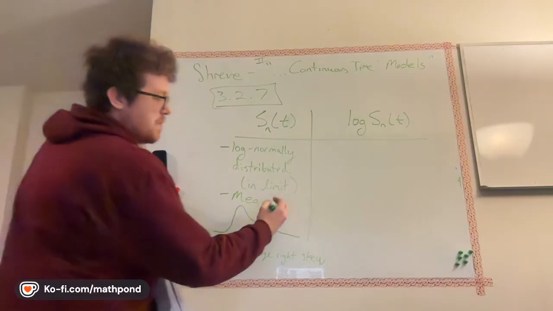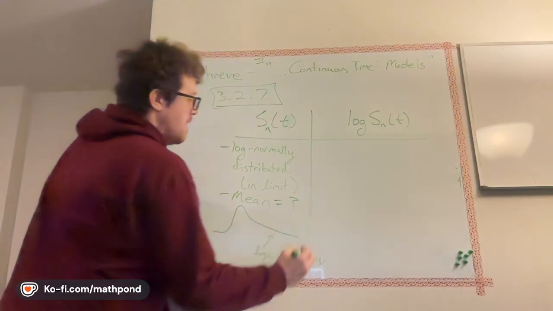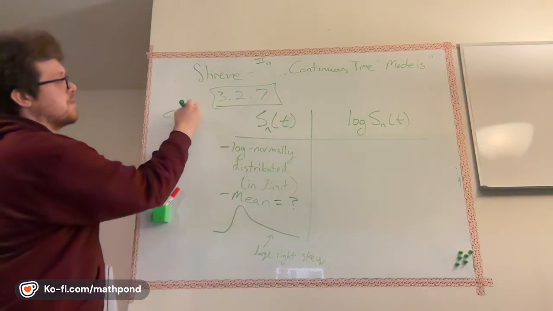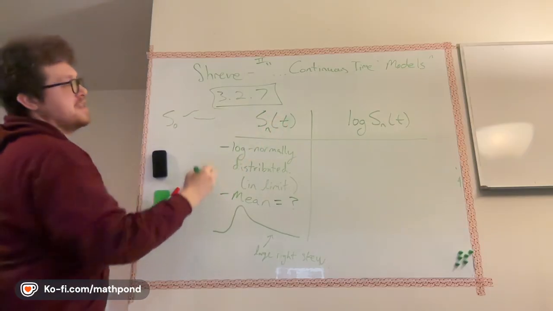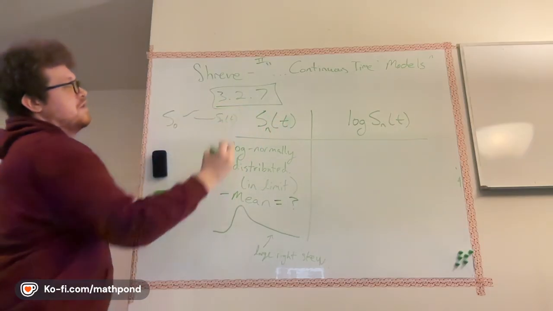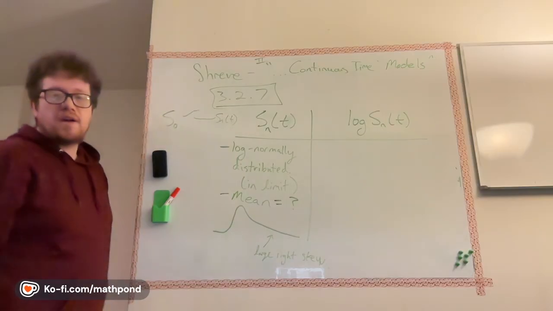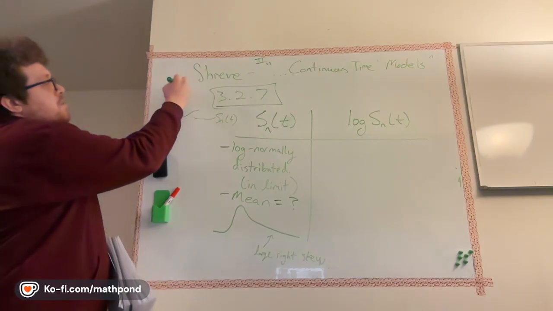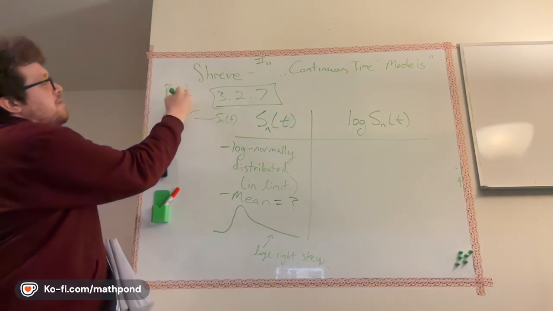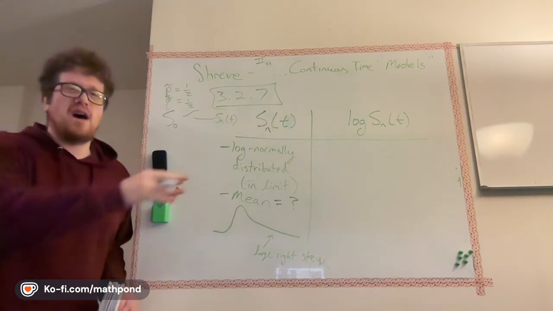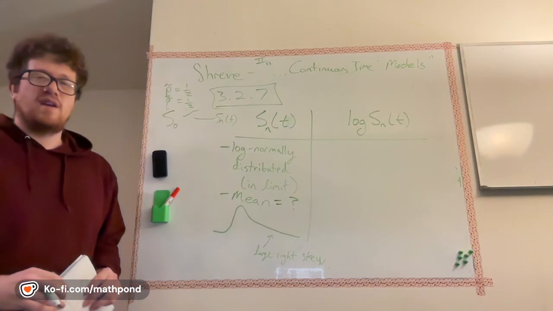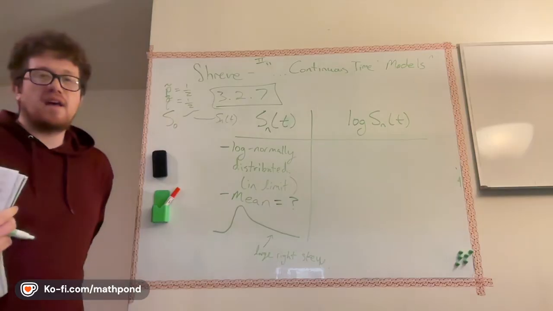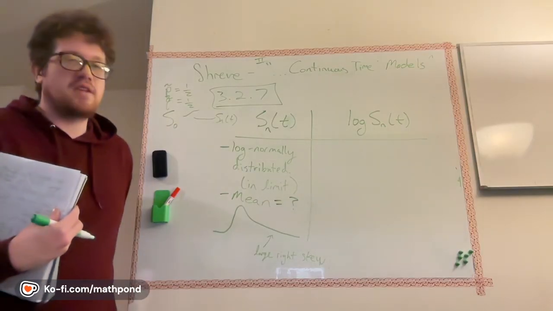We're starting at some S0 and going out randomly, either going up or down each period, and then we end up at Sn of t. The up value was 1 plus sigma over square root of n, and the down value was 1 minus sigma over square root of n.